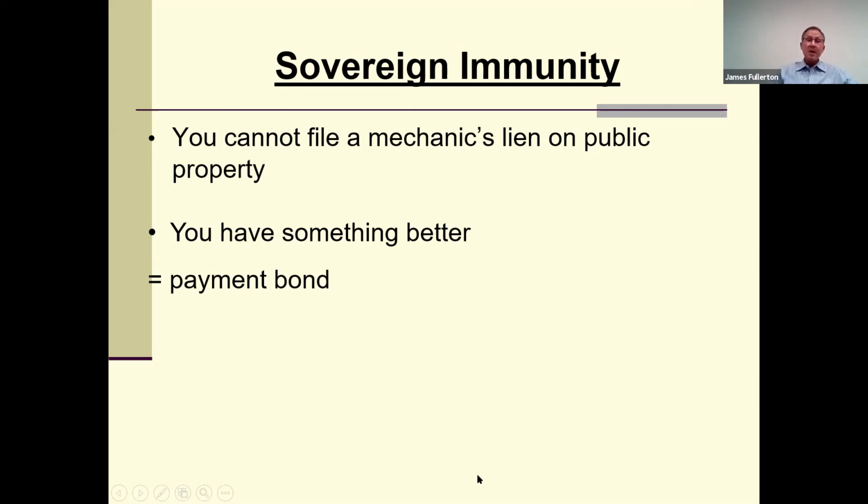You like it even better if you have both of them, which on some private projects, you will have your mechanics lien rights, but there will also be a private payment bond. You have both, that's best. But if you have your choice of having only one or the other, you would generally prefer to have payment bond rights than mechanics lien rights.